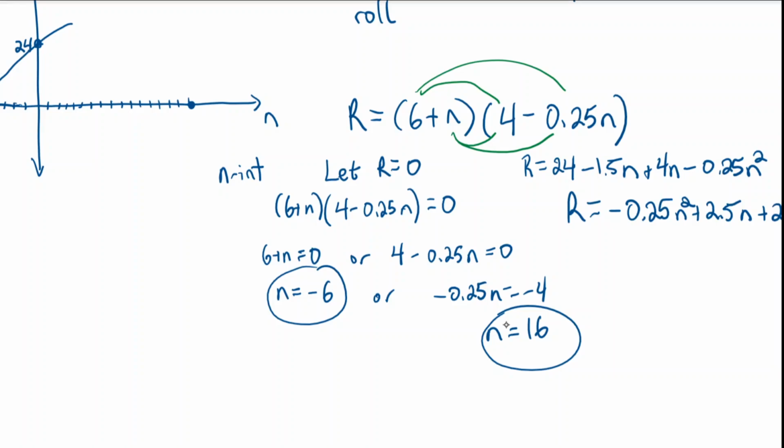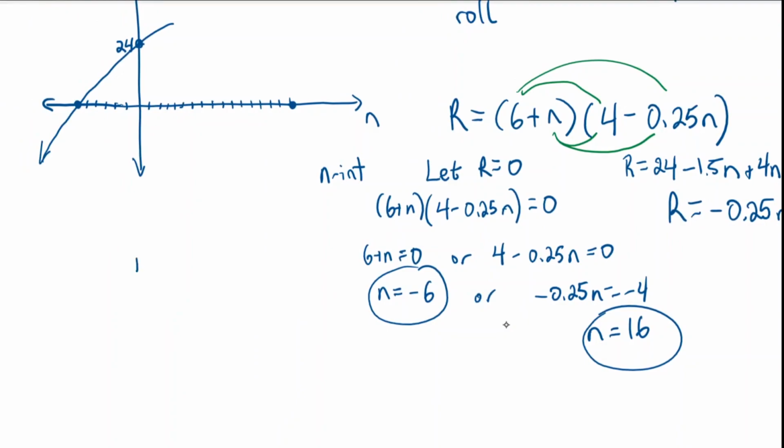So let's get to it. Let's go over here a little bit. We have n of the vertex is going to be my first n-intercept plus my second, divided by 2, and we get negative 6 plus 16 over 2, which gives you 5, because negative 6 plus 16 is 10, divided by 2 is 5. That's the value.